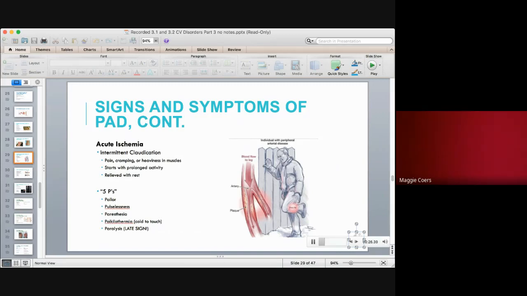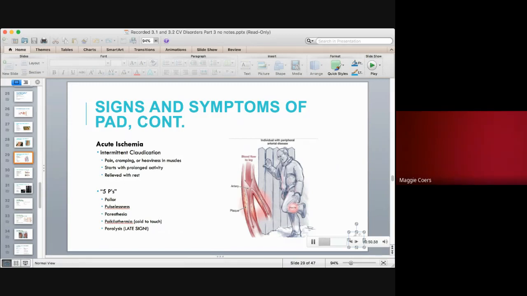It's the movement of those muscles in the lower extremities, the walking, causing increased oxygen demand and then pain in the muscles. We call that, in the lower extremities, intermittent claudication. It happens with prolonged activity. If the patient rests, then the oxygen demand goes down and the pain gets relieved.